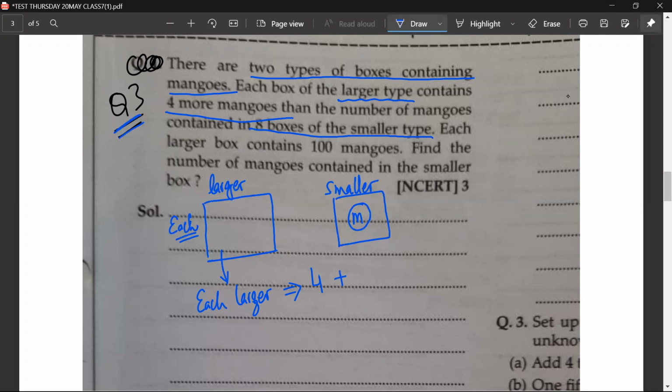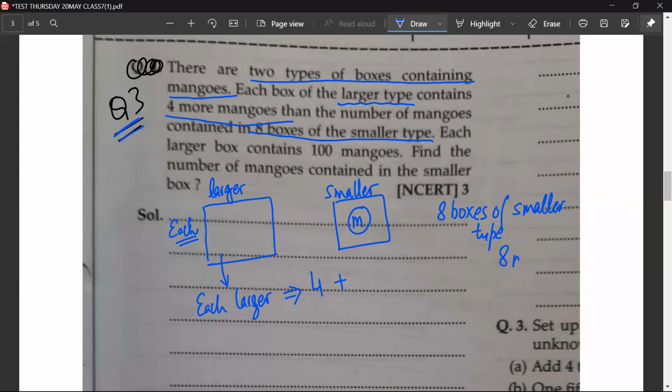So 8 boxes of smaller type would have 8m mangoes. Satya, any doubt?